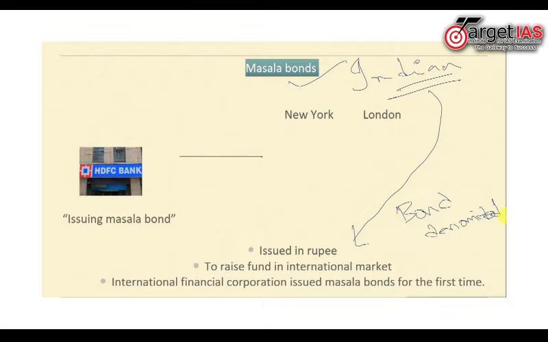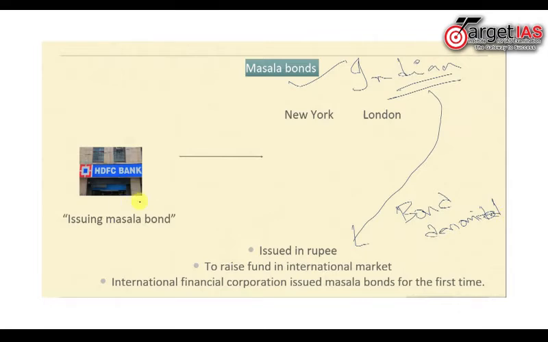All the bonds are denominated in rupees, but these bonds are issued by the domestic investors in order to raise money from the foreign markets. So generally they have to convert the bonds into their currency, but now we are going to raise the money in the form of rupees in the foreign market.